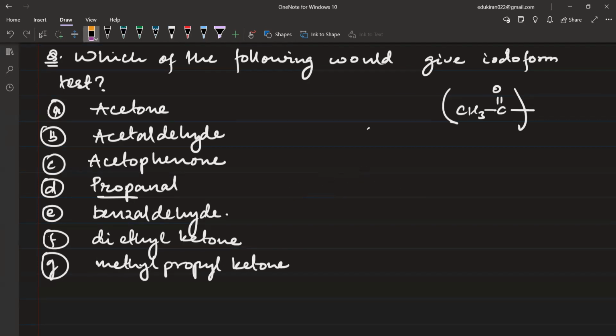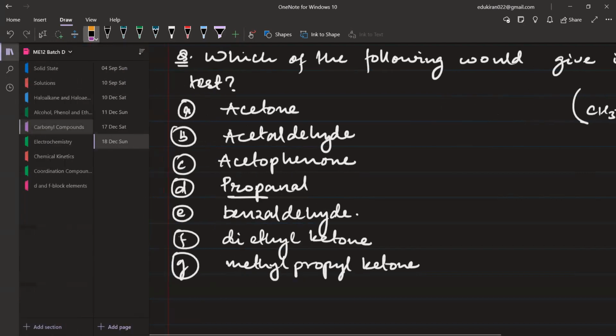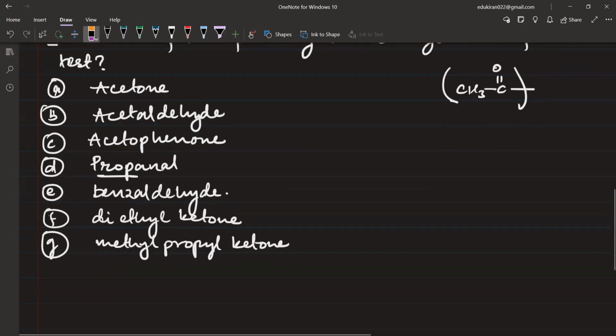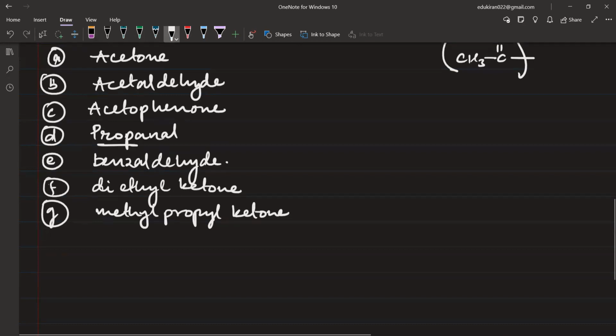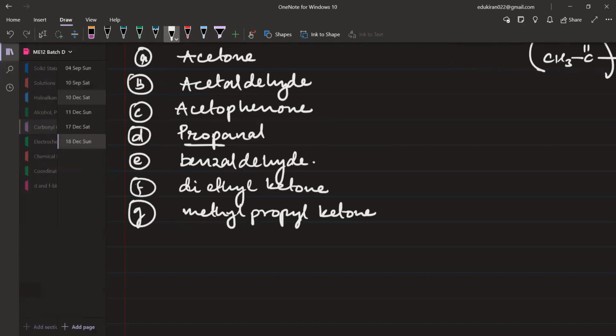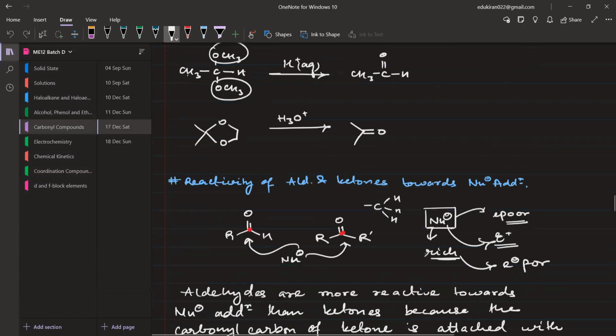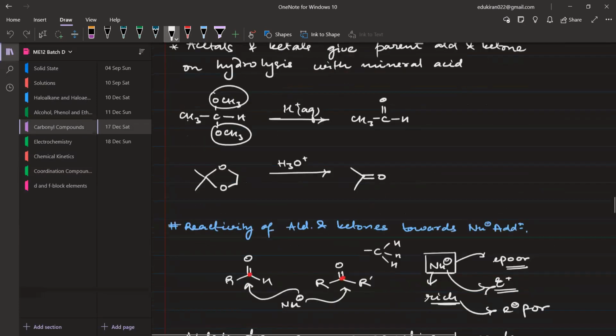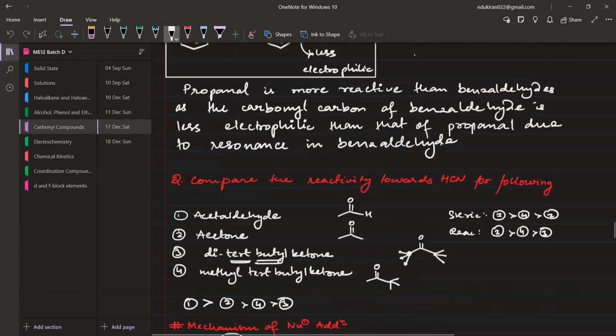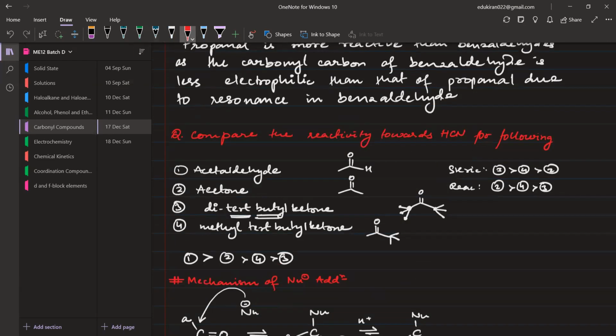We have made these structures though. अगर आपको ध्यान हो, शायद 1 या 2 क्लास पहले हमने बनाया था ये स्ट्रक्चर. नहीं कल ही तो, शायद कल ही. ये देखिए, कल बनाया था ना, डाई टर्शरी ब्यूटाइल कीटोन, मिथाइल टर्शरी ब्यूटाइल कीटोन. Right, sorry, Hanifa. Yes, sir.